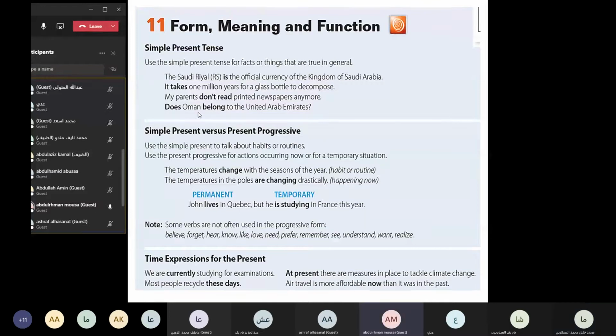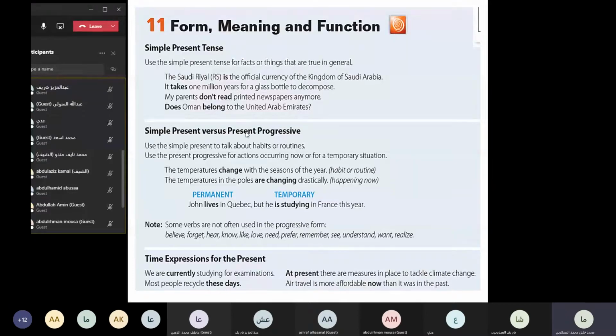Does Oman belong to the United Arab Emirates? Good. This is a question talking about what? General truth. So we have to use simple present. This is a question. With questions we use does with singular, do with plural. Does Oman belong to the United Arab Emirates? This is a fact. So with facts, we use simple present.